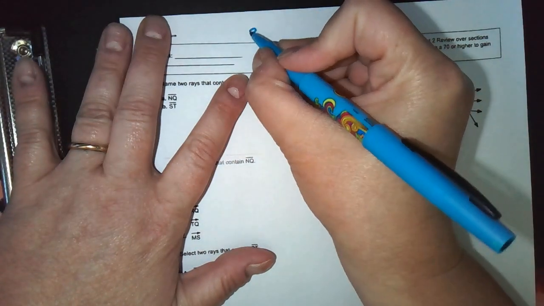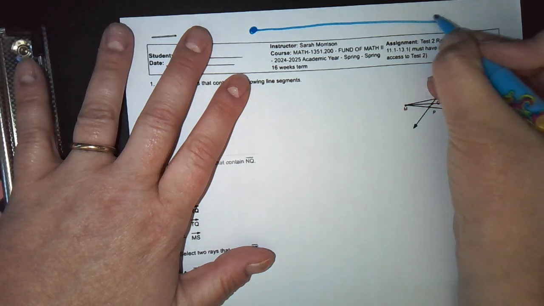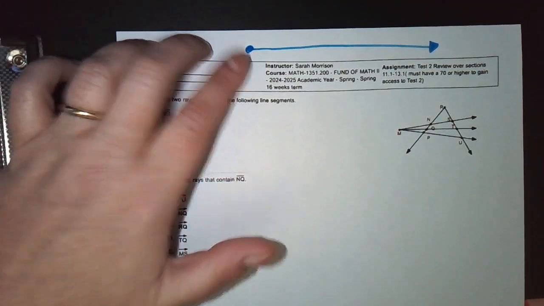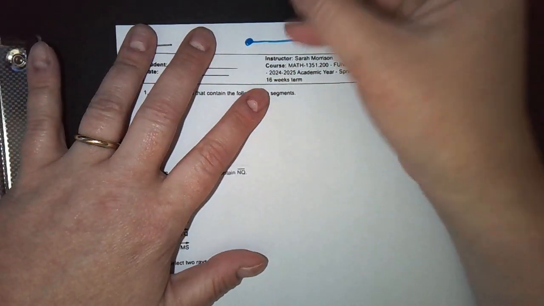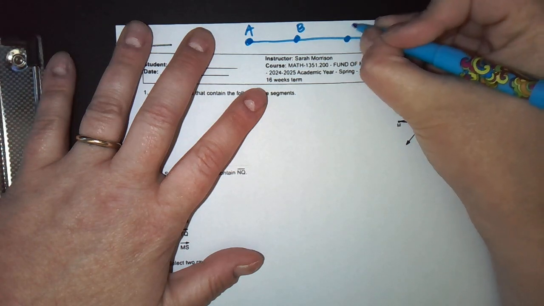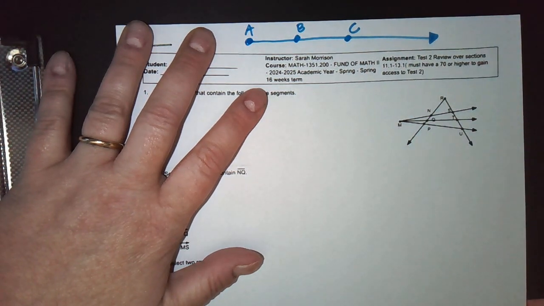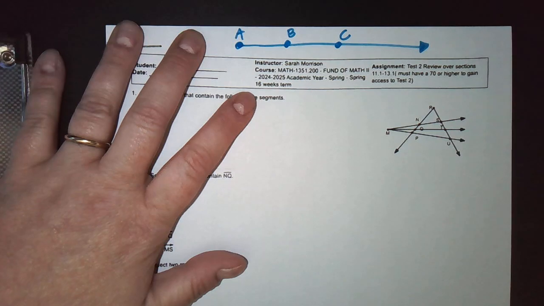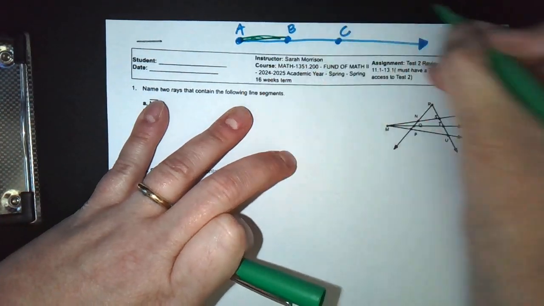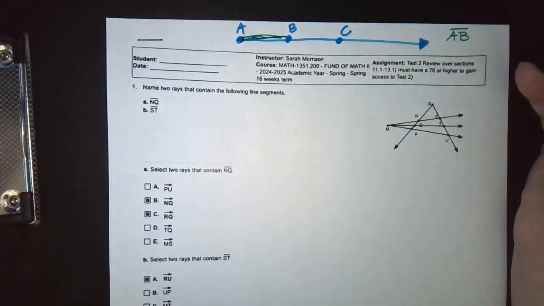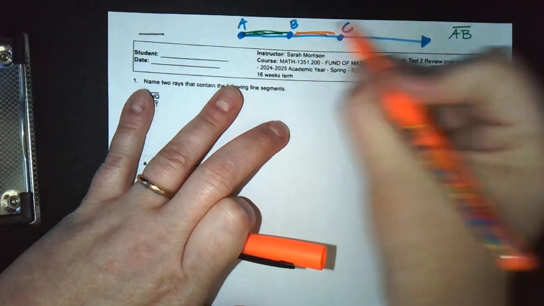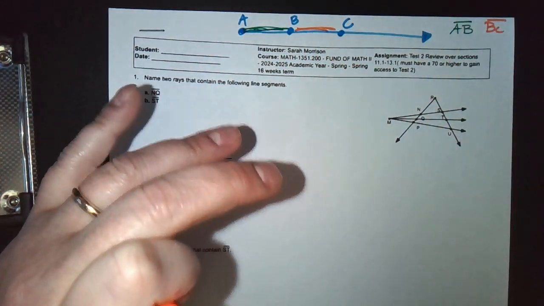Okay, array starts at a dot and it ends at an arrow. Let's say this array is called A, B, C. Then I could say that this line segment AB is up on this array, or I could say the line segment BC is up on this array.